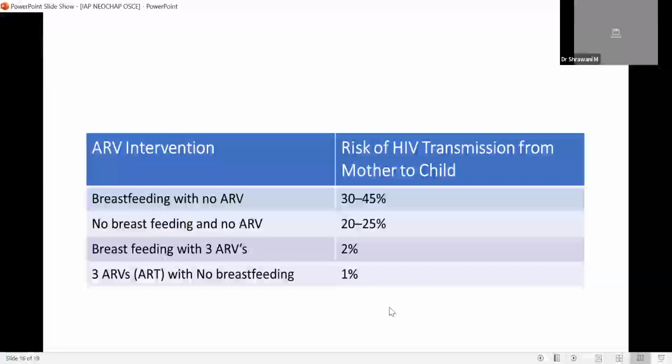The dose depends on the birth weight. If it is 2 to 2.5 kg, it is 1 ml once daily of nevirapine, and more than 2.5 kg, it is 1.5 ml. Zidovudine is 1.1 ml twice daily, and more than 2.5 kg, it is 1.5 ml twice daily.